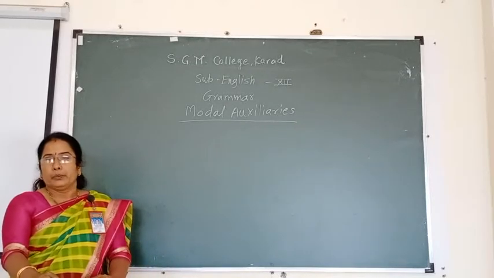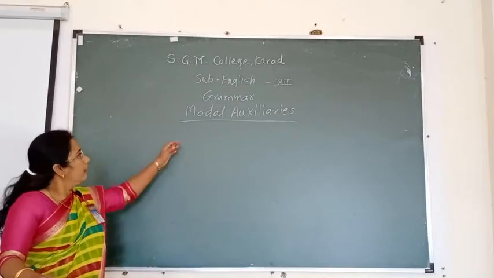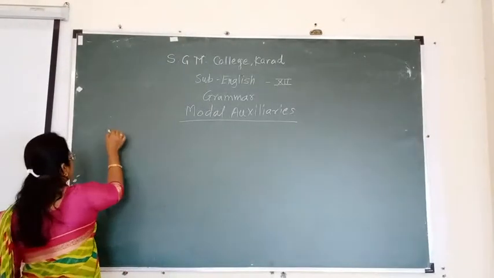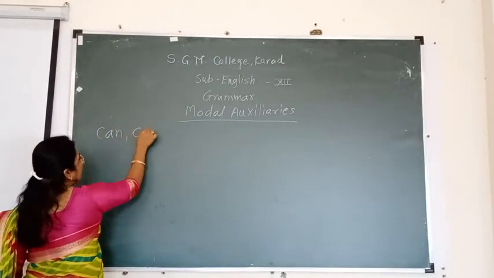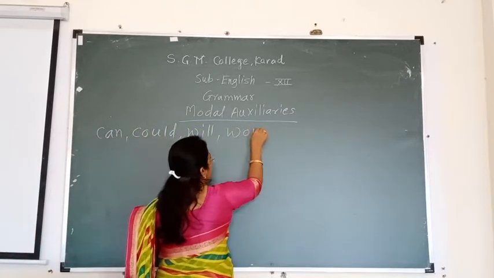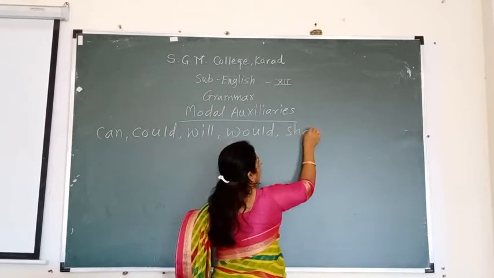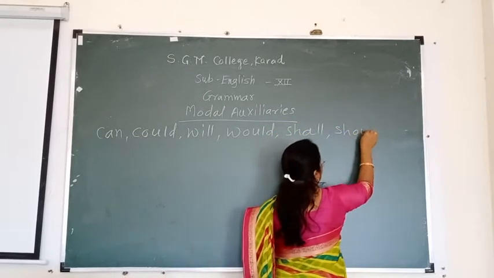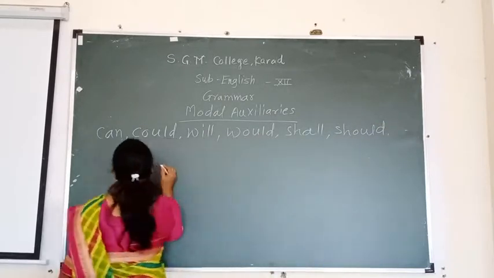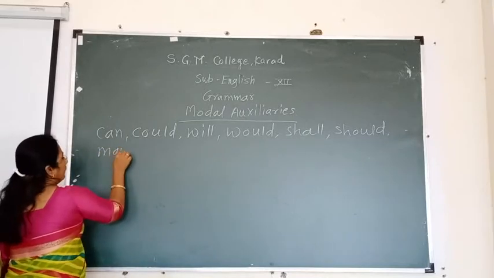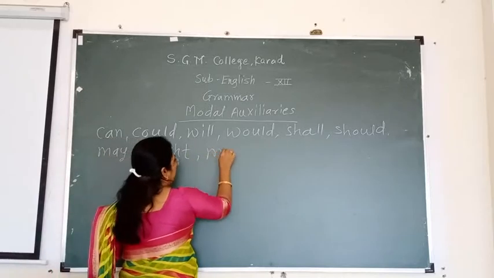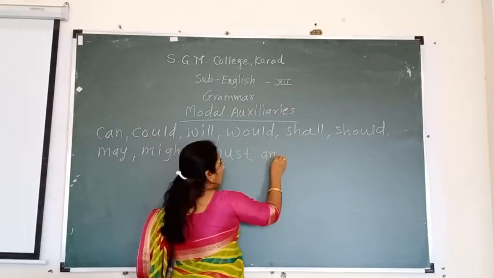Today, we will discuss the grammar topic modal auxiliaries. Modal auxiliaries are can, could, will, would, shall, should, may, might, must, and have to.